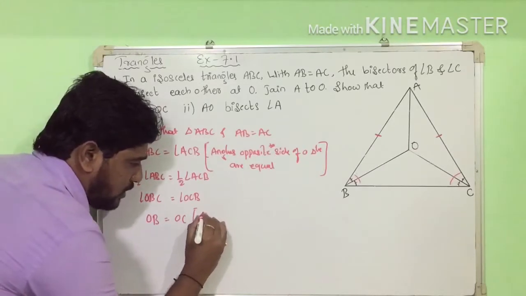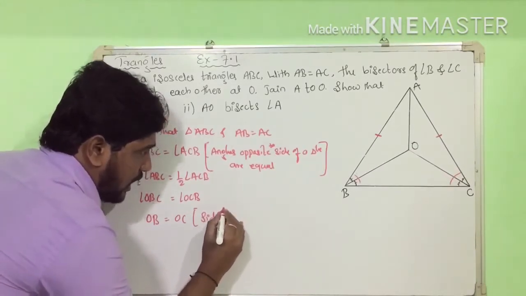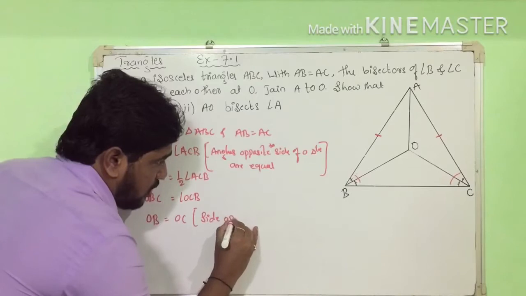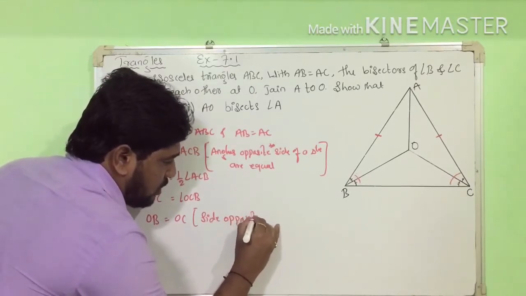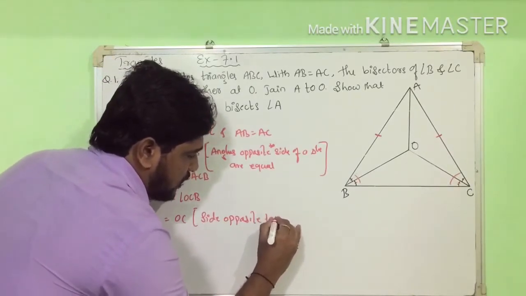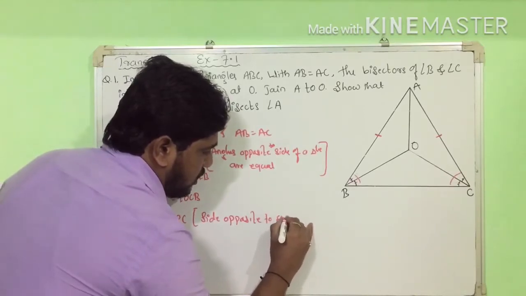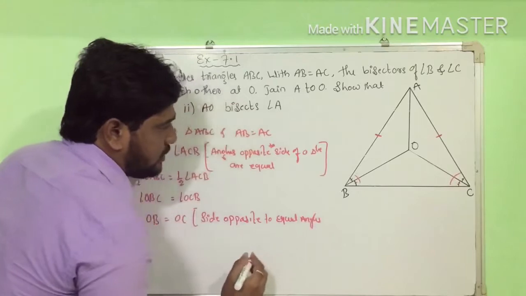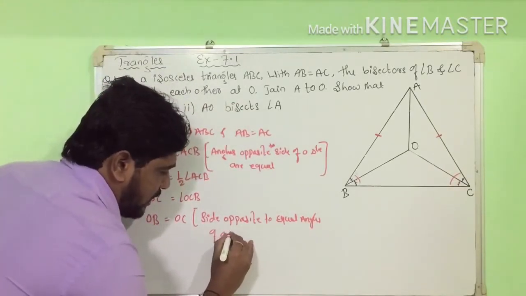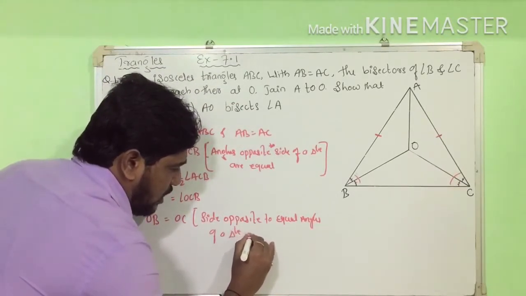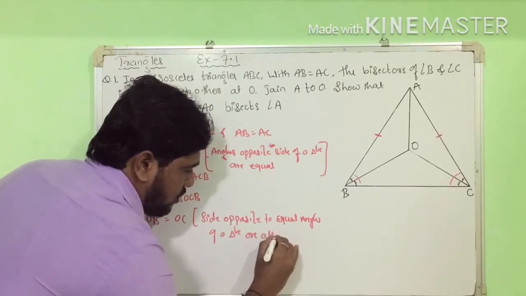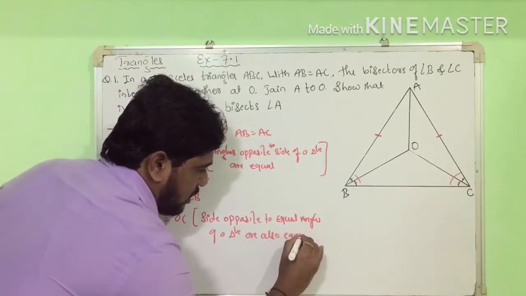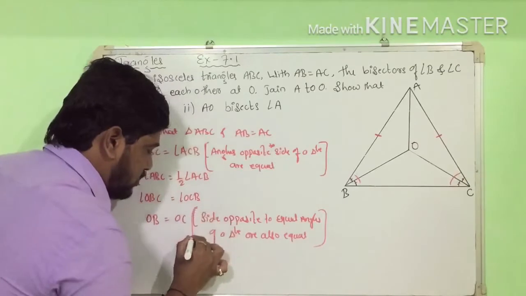Reason: sides opposite to equal angles of a triangle are also equal. So is it clear?